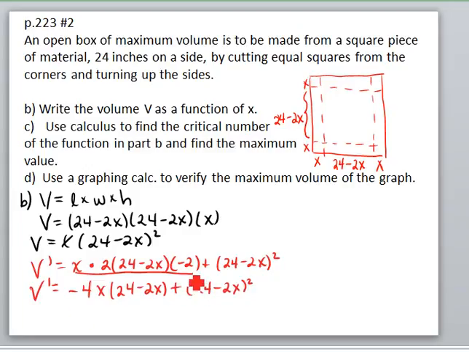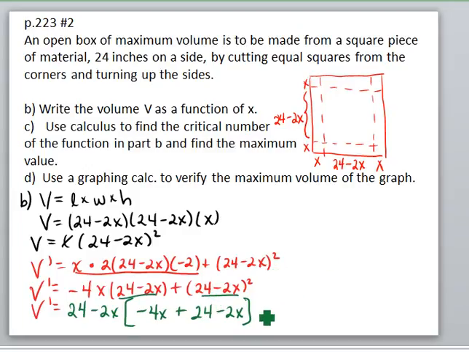So it might be easiest, now that I look at this a bit more, to pull out a 24 minus 2x. I'm left with negative 4x plus a 24 minus 2x on the inside. So I took a 24 minus 2x out of each of my terms.